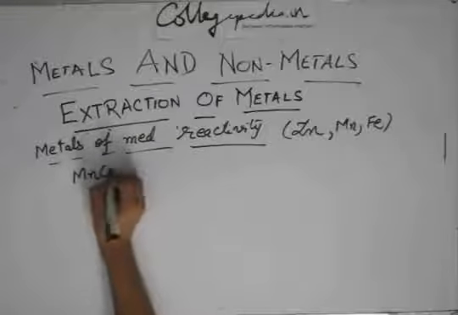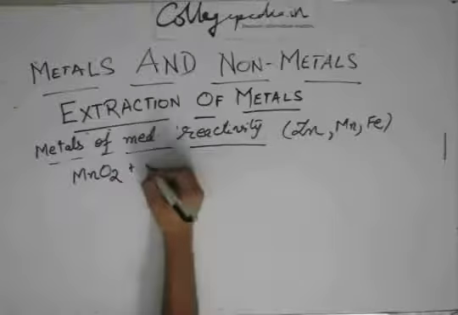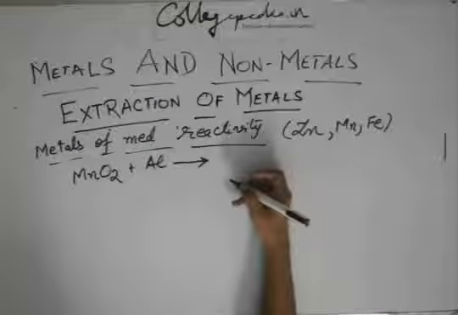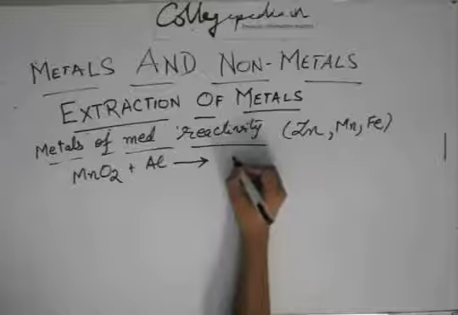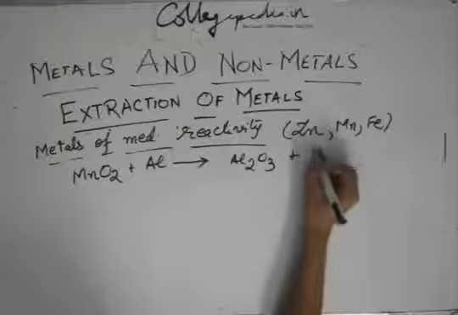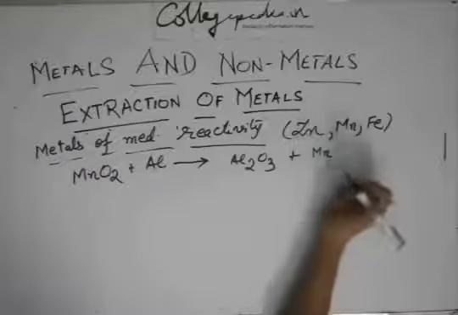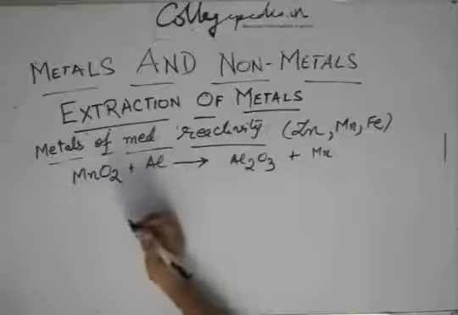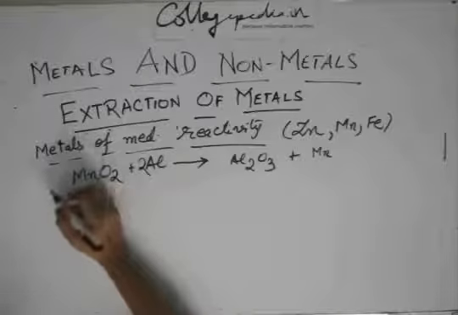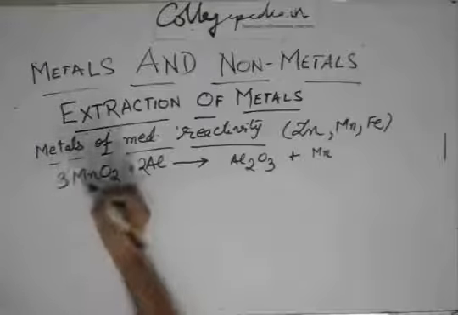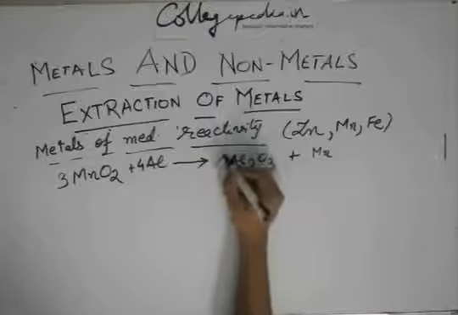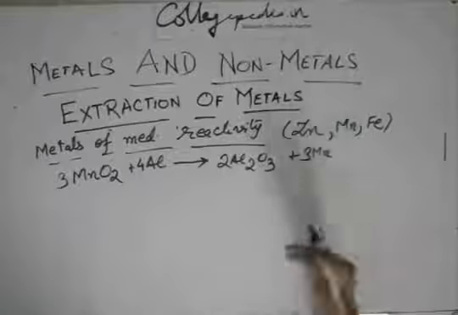In manganese dioxide, MnO2, you use aluminium as reducing agent. So what it does is that it forms aluminium oxide and it gives you manganese. And the balancing is this.